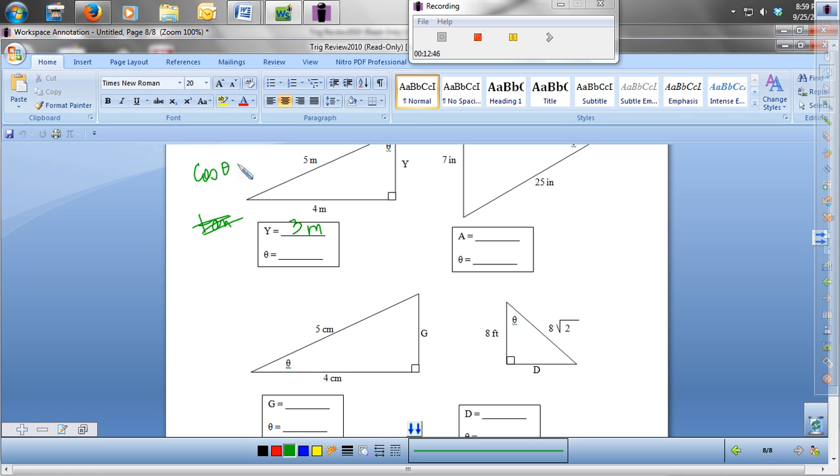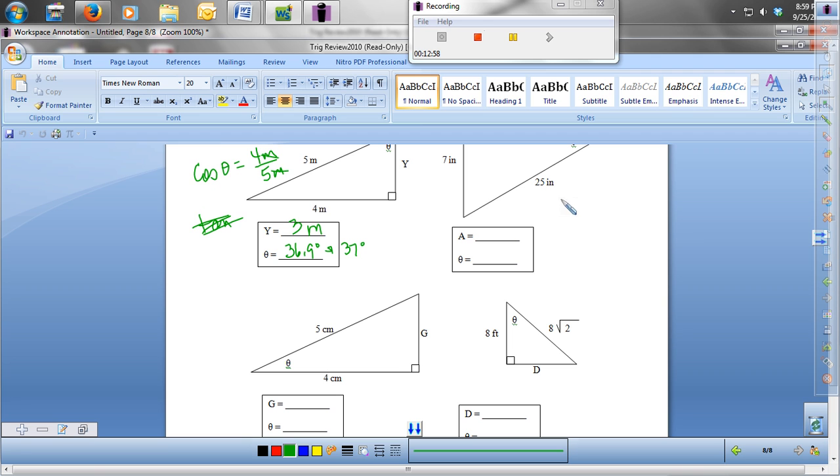Doesn't matter, I could do either one, is equal to the side adjacent over the hypotenuse, and when I do that, I think I'm going to get that 36.9 again, which would be 37 degrees if they want it to the nearest degree. So let me check and make sure I'm not lying to you. Cosine of theta, let me check. So 4 divided by 5. Yep, 36.9 degrees or 37 degrees.